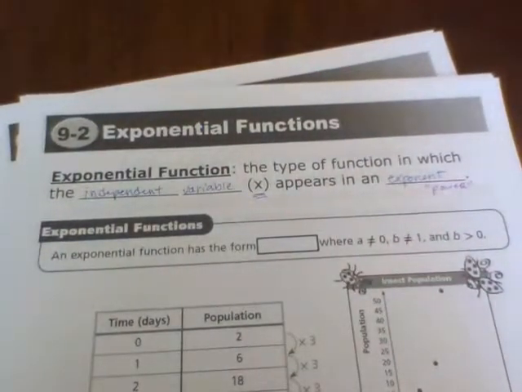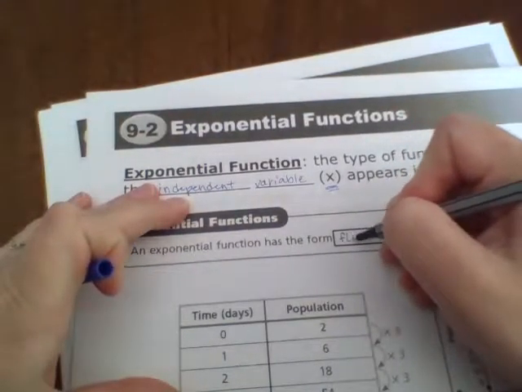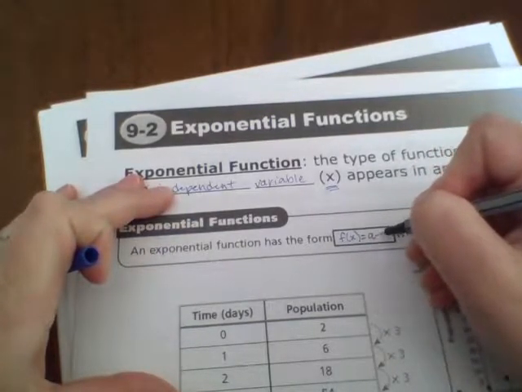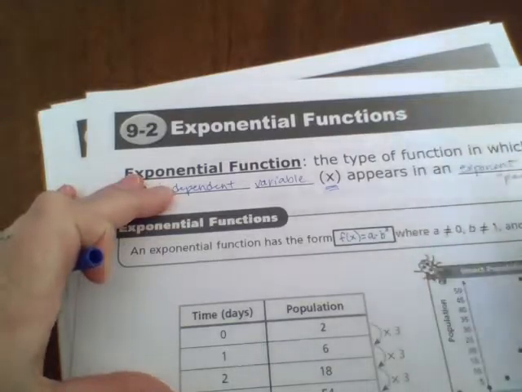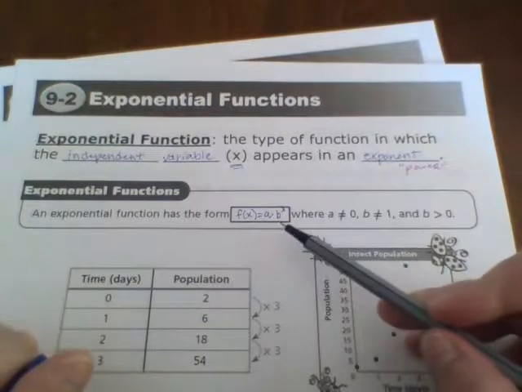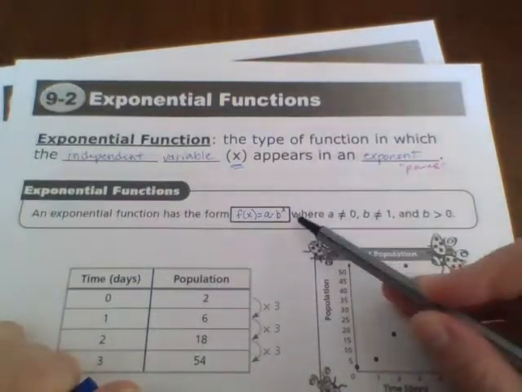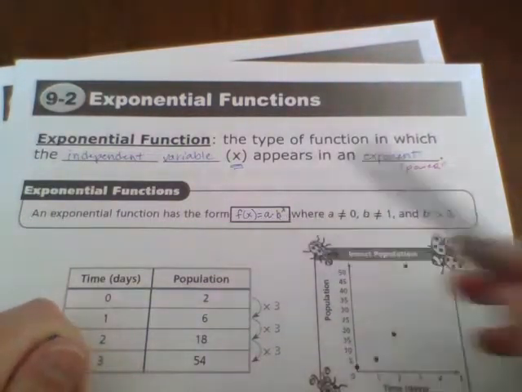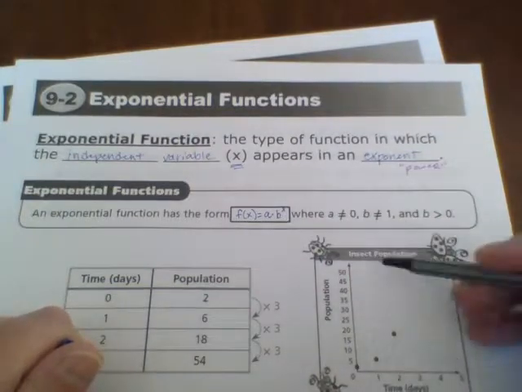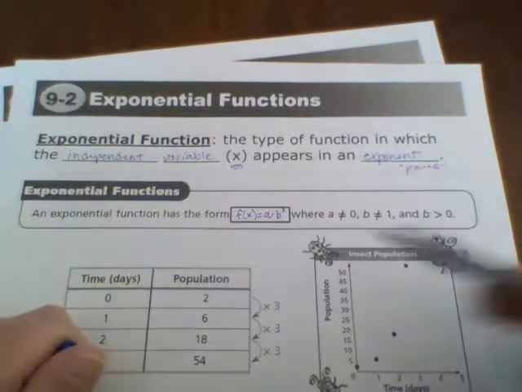All right. An exponential function has the form of a function, so f of x, and then it's going to equal an a value times a b value that is being raised to the power of x, where a can't be 0 because otherwise this entire thing would be 0, and b can't be 1 because otherwise it wouldn't grow, and b has to be greater than 0, because if it was negative, it ends up doing this flopping thing, and that's not exponential.